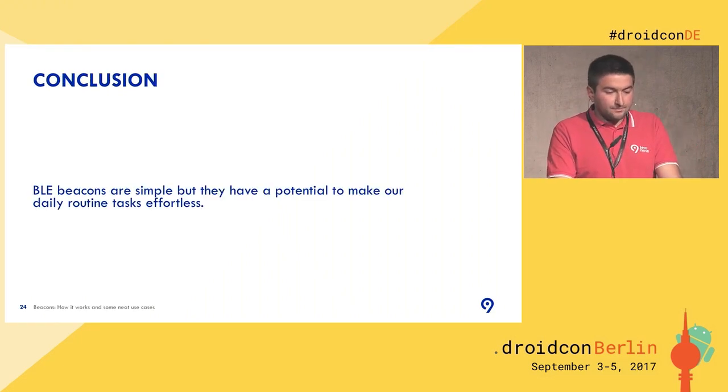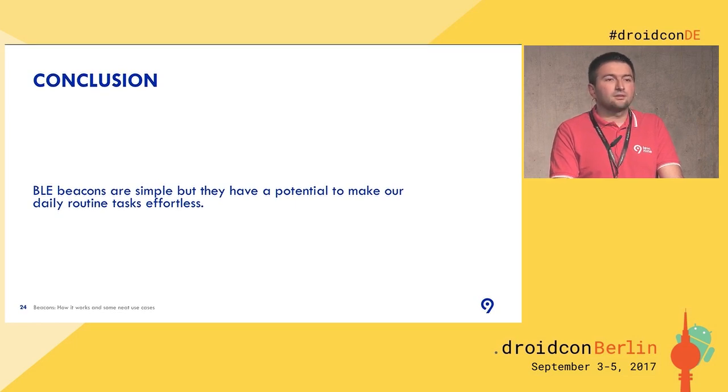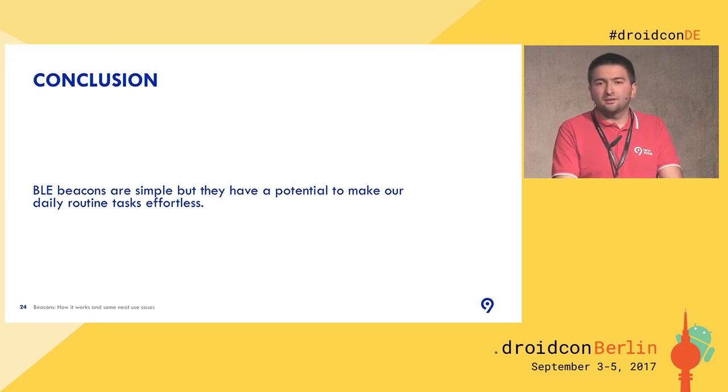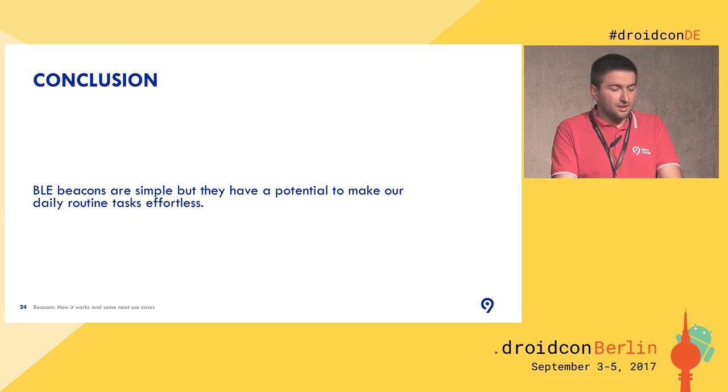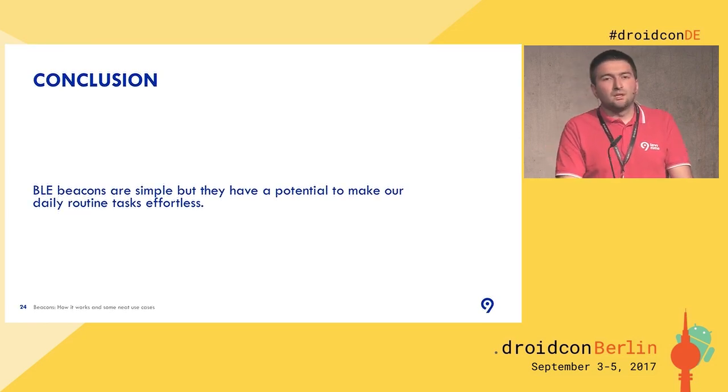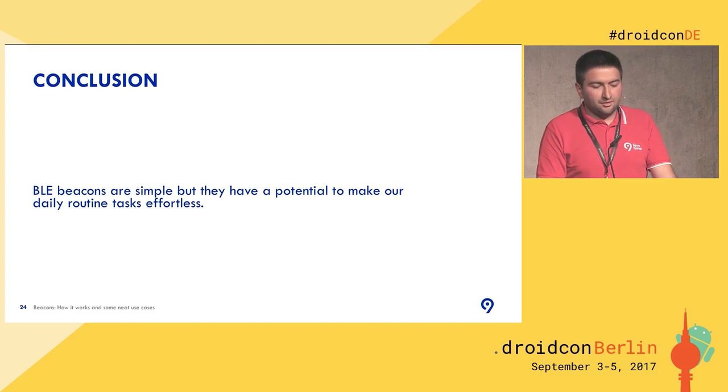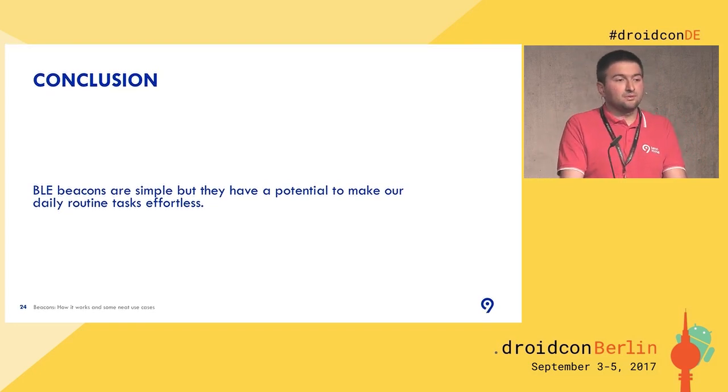So these are the use cases, and I believe that you will come up with much more of them. I hope so. This is something that I found out people are actually using, and it's really nice. So in conclusion, beacons are really simple technology, really cheap and simple, and they are available on both mobile platforms.